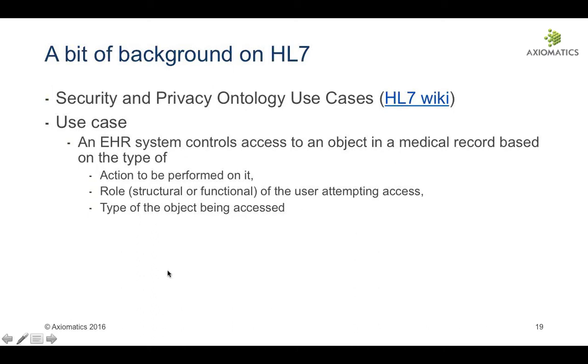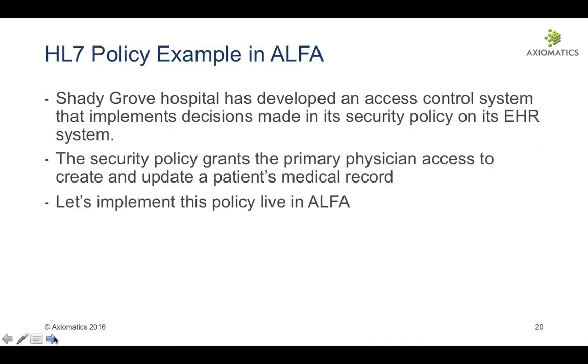Exactly. So we are going to look at a specific one that defines access to a medical record. The background for what we are looking at here is the Shady Grove Hospital, which has developed an access control system that implements decisions made in its security policy on its EHR system.